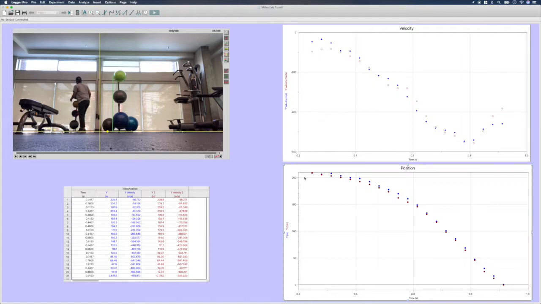So as you can see from analyzing the data, you can tell that the velocity of the two objects is approximately the same. Again, the velocity is just the slope of the position time graph, and I've gone ahead and plotted the velocity points for you.